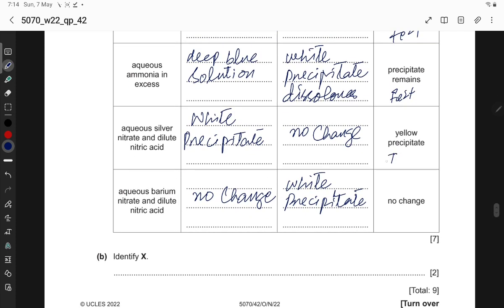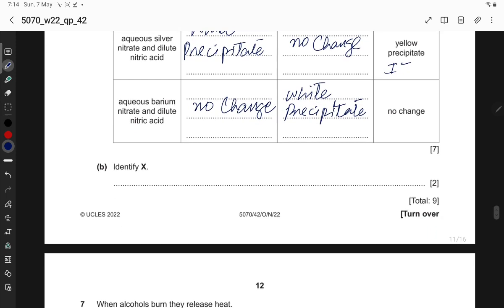So if yellow precipitate, it means iodide ions. Then X contains iron 2 ion and iodide ions.